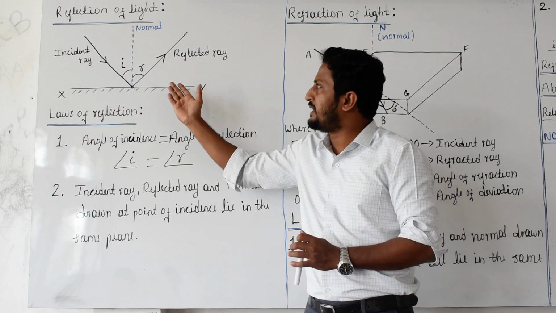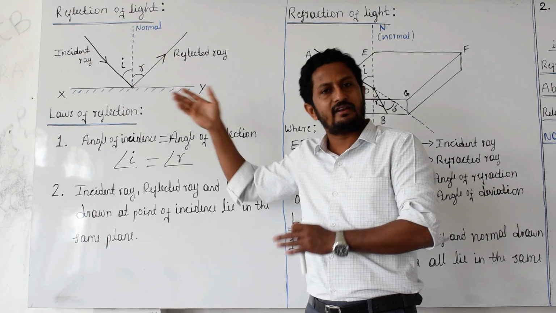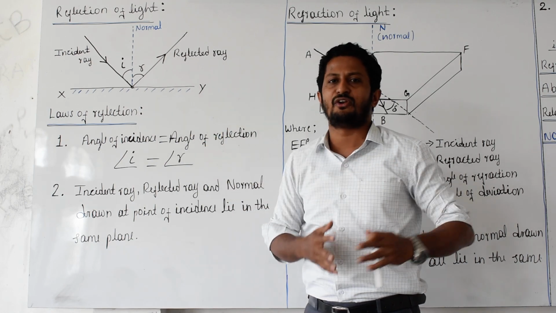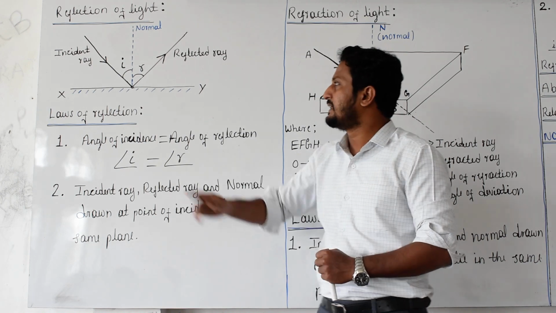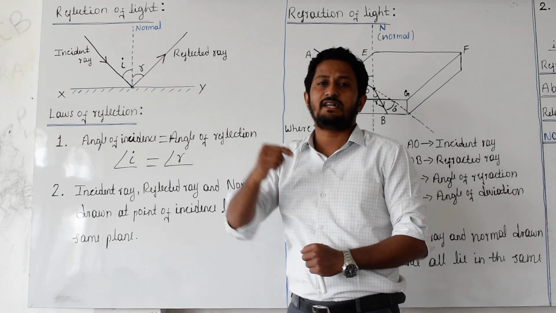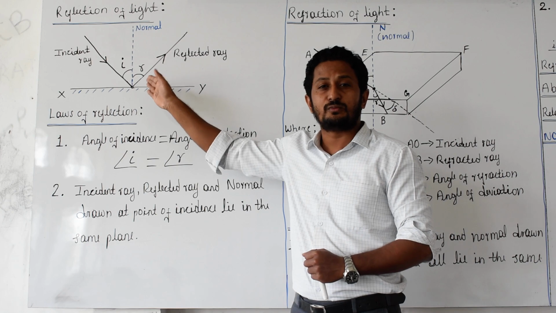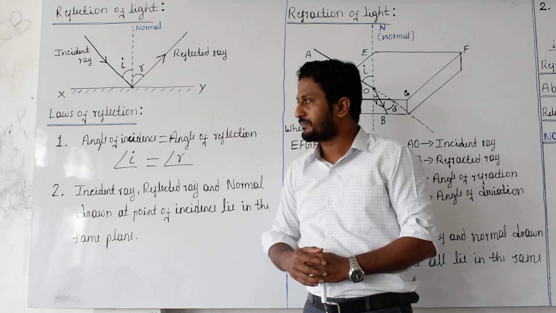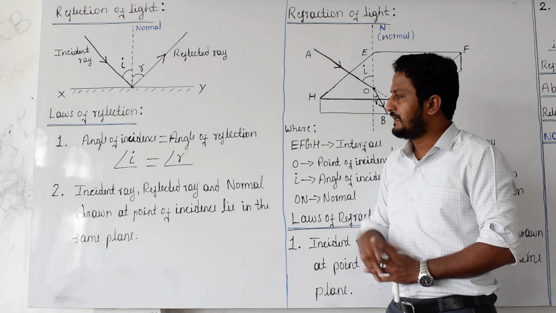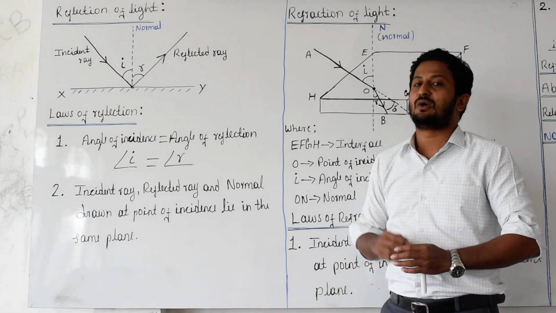According to the geometry, wherever the reflection phenomenon takes place, the angle of incidence is going to be equal to the angle of reflection. This is the first law.